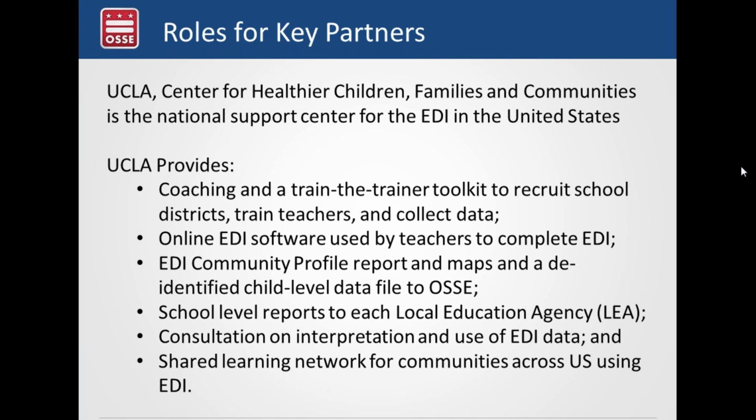We also do the analysis, create reports and maps, and we're partnering with you and Raise DC in a significant effort to make sure the information is getting to the right people, to think about what the data means and what to do with it. Next slide.